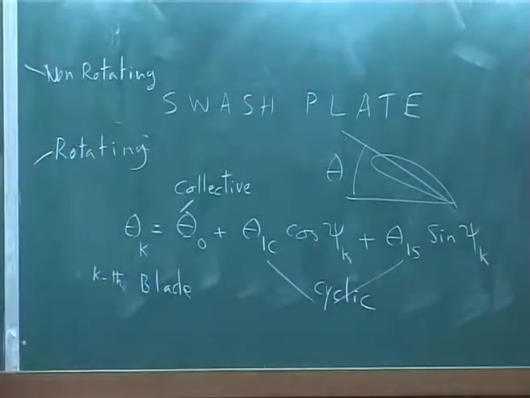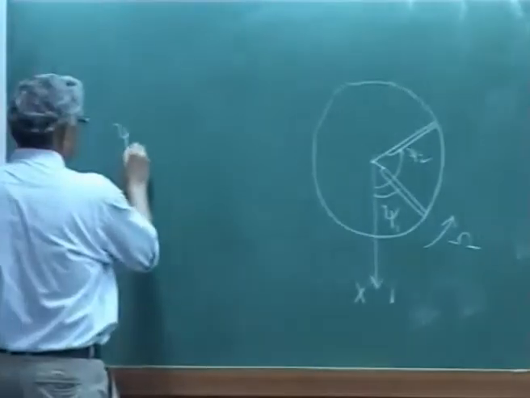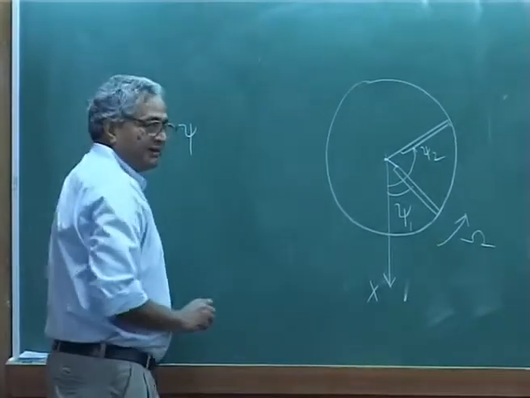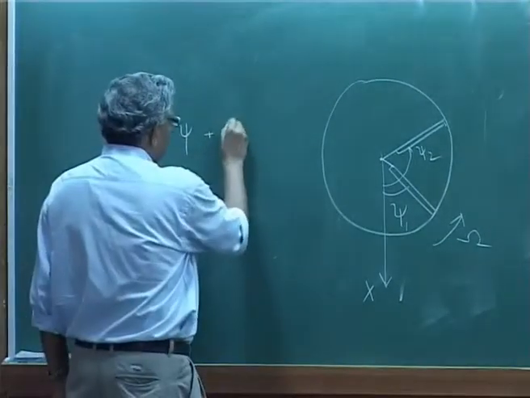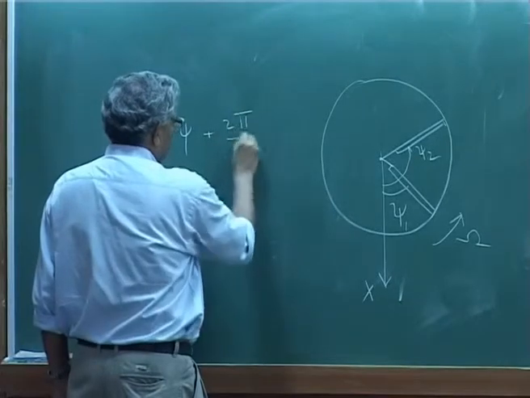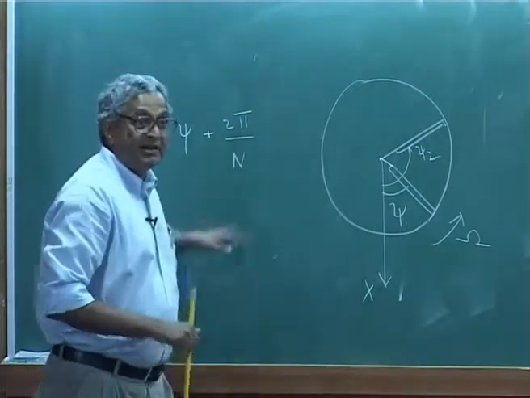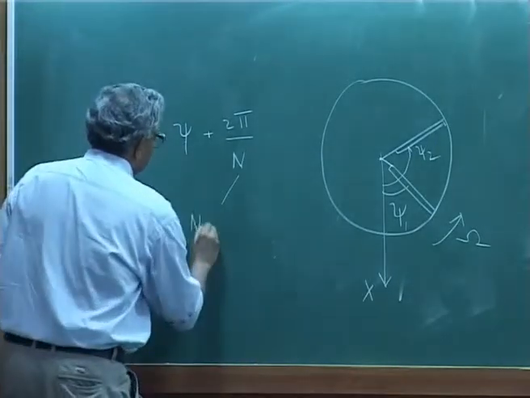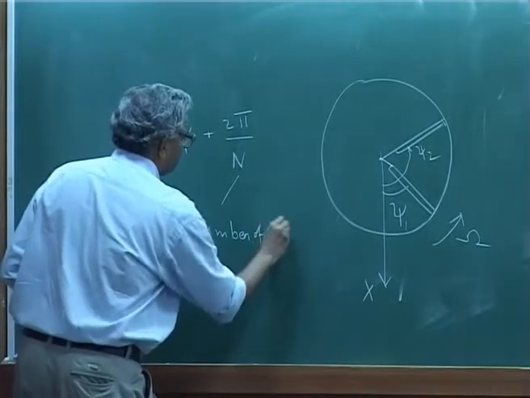So, now this is written as psi, this is the first blade. If you add 2 pi over n, n is the number of blades in the rotor system.